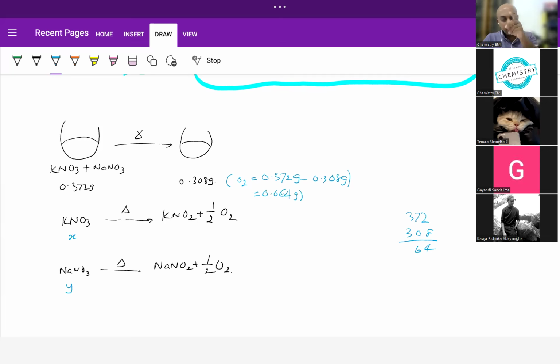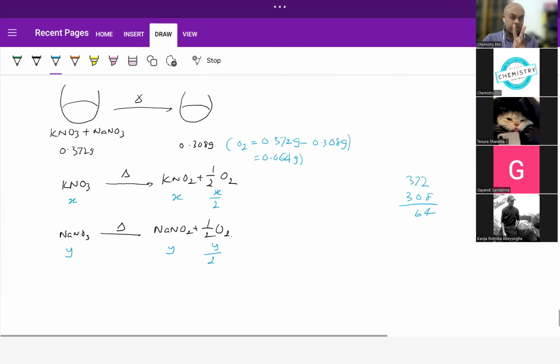So the mole fraction would be X divided by X plus Y. According to the stoichiometry, moles of KNO2 will also be X, O2 from this one will be X divided by 2, NaNO2 will be Y, and this O2 will be Y divided by 2. That comes from the stoichiometry.